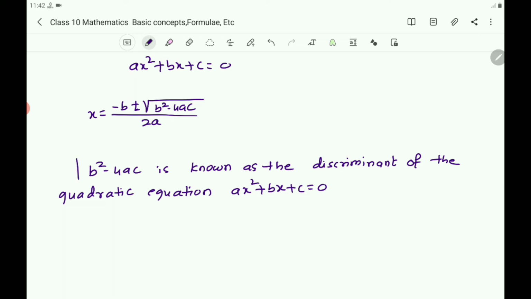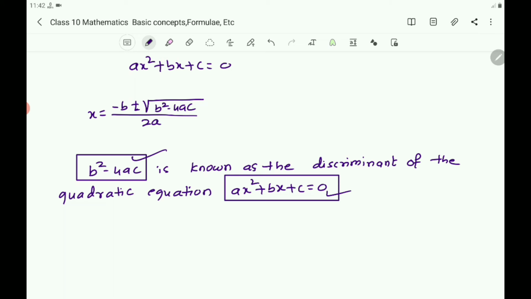So what is the discriminant of the quadratic equation? b square minus 4ac is the discriminant of the quadratic equation ax square plus bx plus c equals 0.